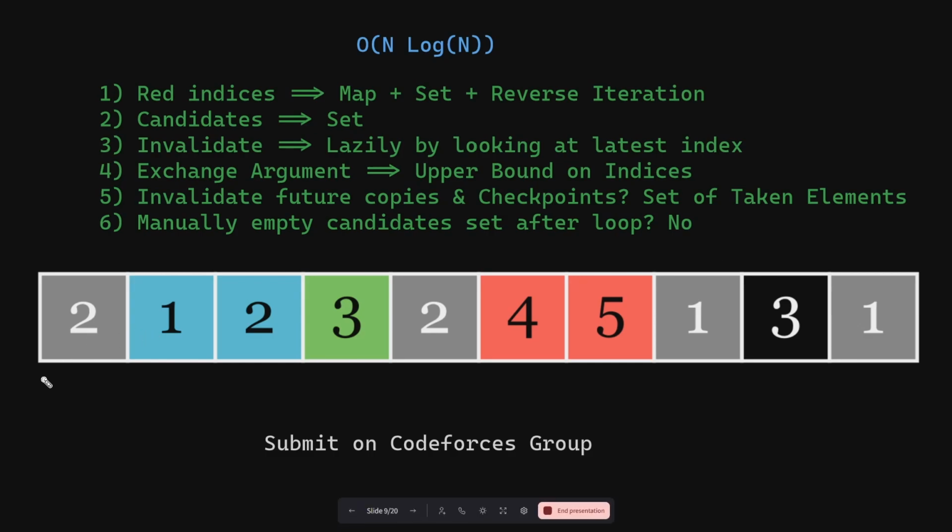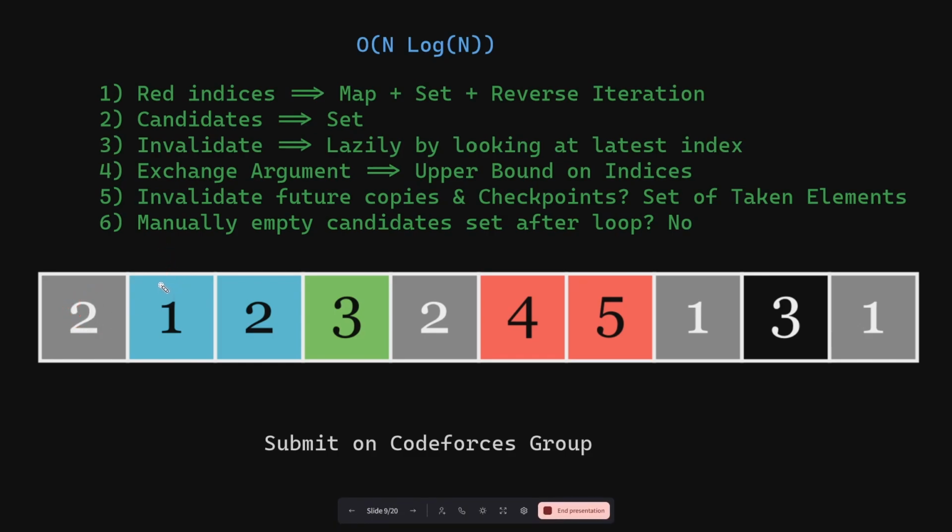Then how do you maintain the prefix candidates? Because you will always want to know the minimum candidate that is possible. So since you want to query the minimum of a data structure every time, you can store these candidates in a set. Then how do you invalidate the left neighbors when you take an element?